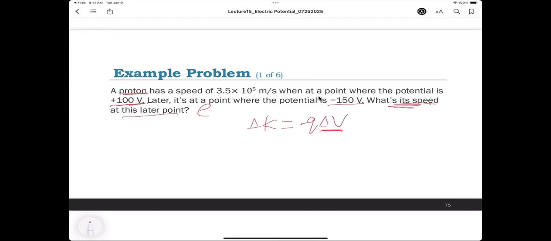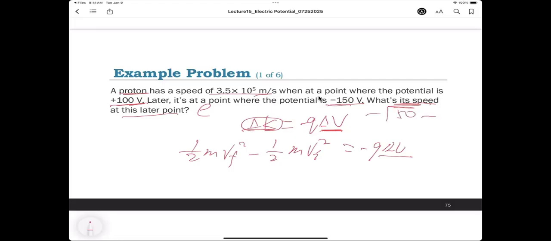At the beginning point it is this one, and this is one half m v final squared minus v initial squared. The delta V is 100 minus 250 volts, negative.